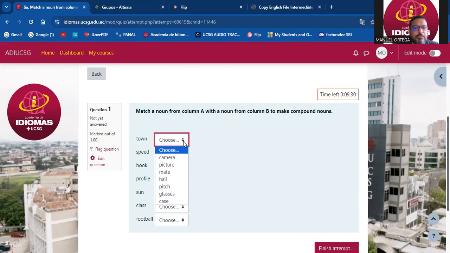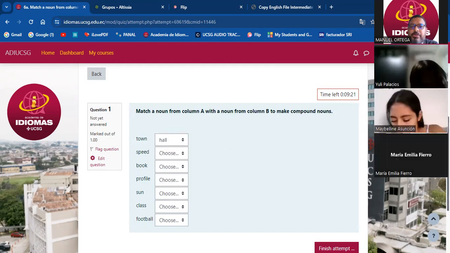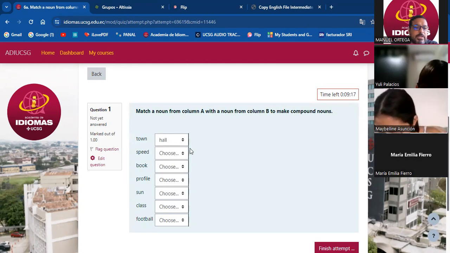Town, which one will it match from all these options? What sounds good? Town hall. Very good. Exactly, with town we are going to use that one, town hall. What about speed?